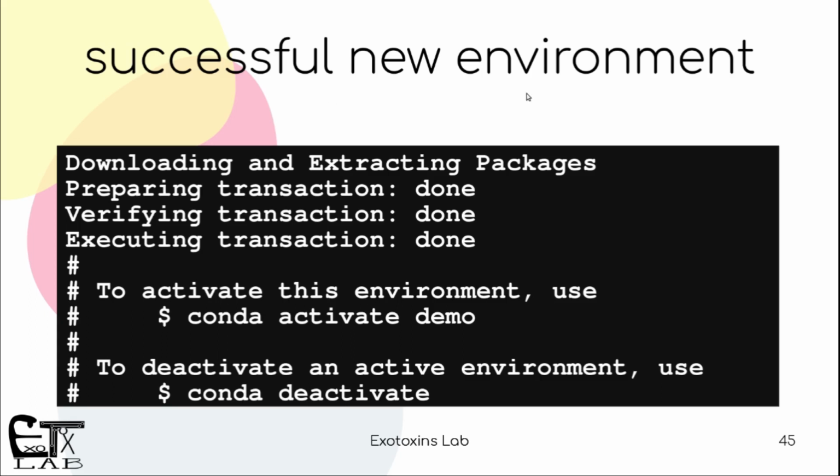As soon as it installs, it will tell you it is downloading and extracting packages, verifying everything, and executing everything. Once it's done, it will tell you to activate this environment using conda activate demo, which we already did, and conda deactivate. And that's it. Our environment is ready to go, and it should have exactly the same program versions that the other lab or other member of the lab used to get their results.